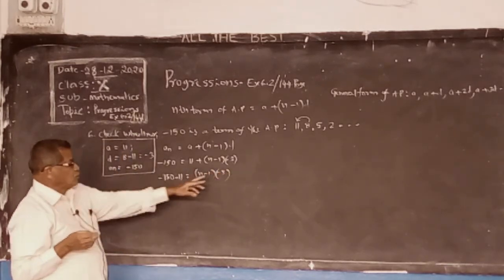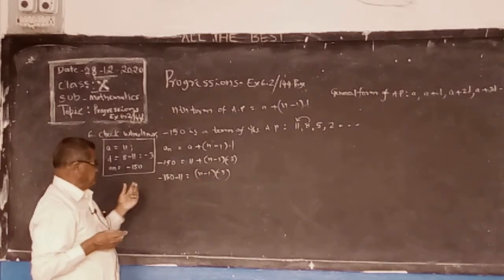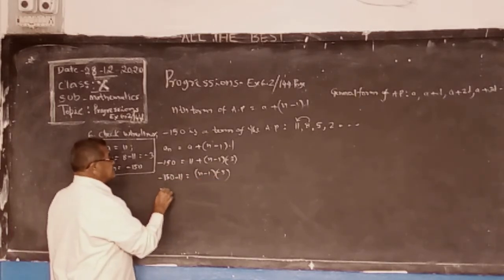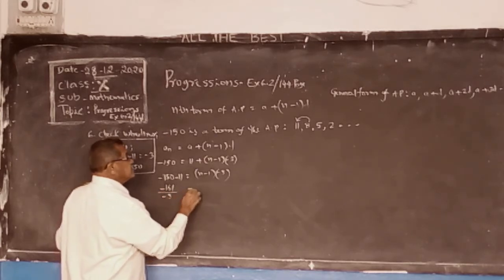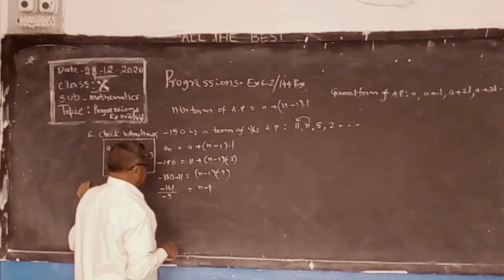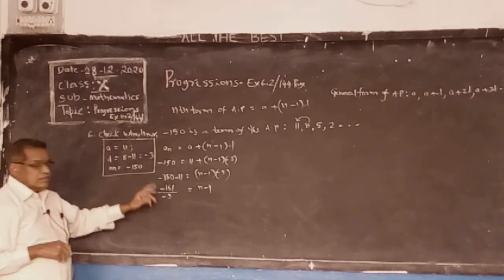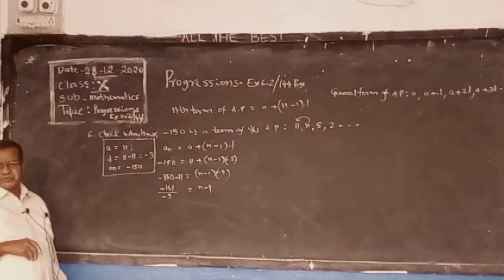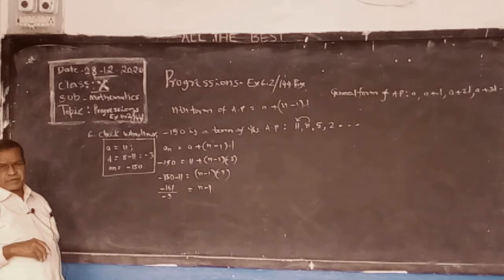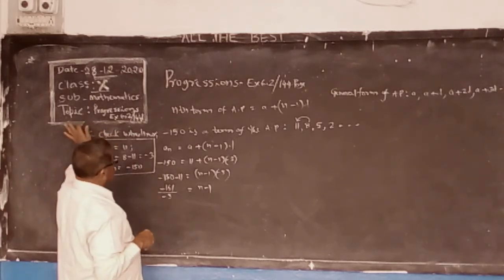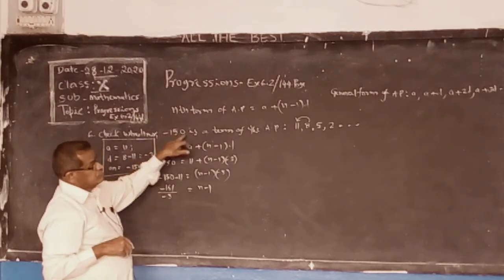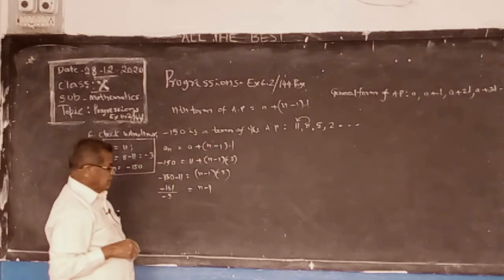Minus 3 will come this side as divided by minus 3: minus 161 by minus 3 is equal to n minus 1. This is not divisible. It is not a whole number. So minus 150 doesn't come in this series.